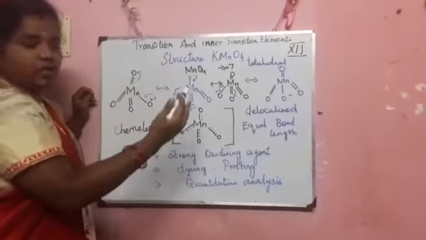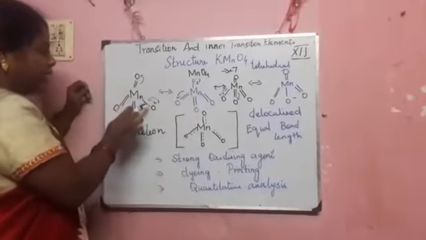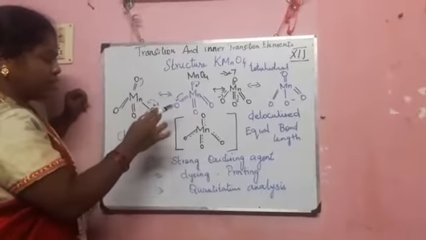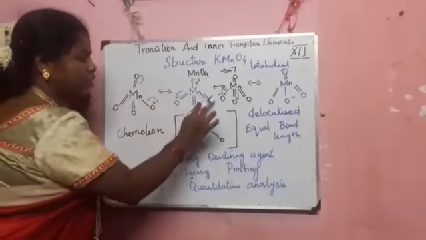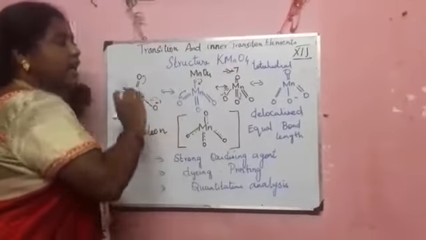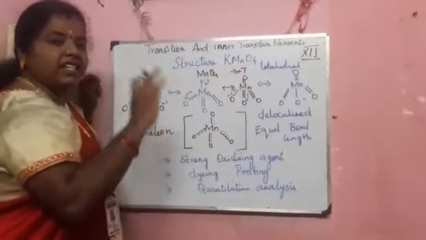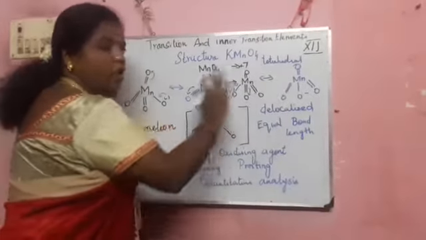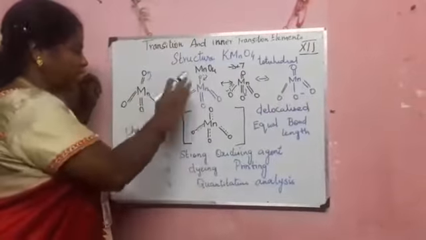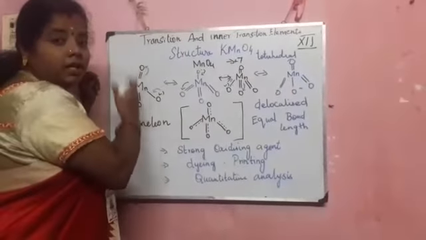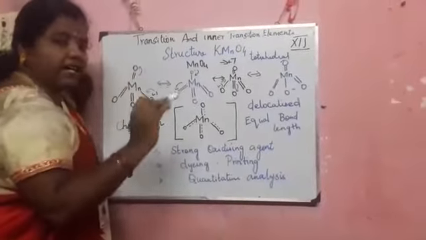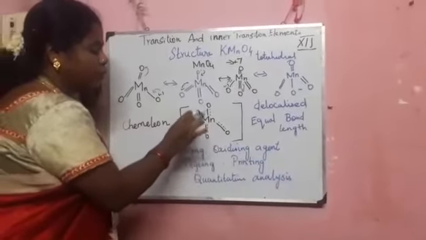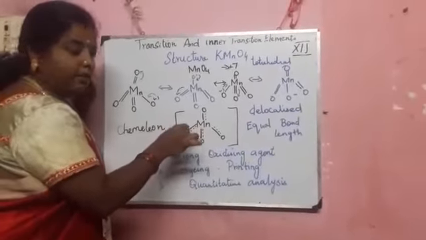Let's see the resonance structure of permanganate. Wherever you see a single bond, it is replaced on all sides. It means every side should be the same, so it is called delocalized because it takes place on all sides in the resonance structure. Finally you get this structure. Here some are single bonds and the others are dotted lines.